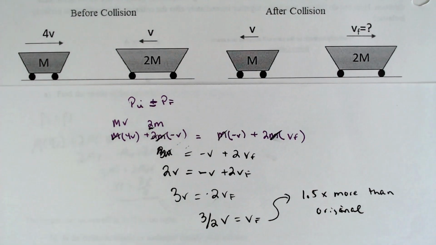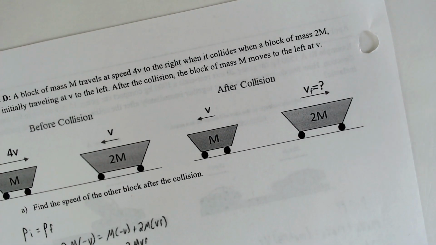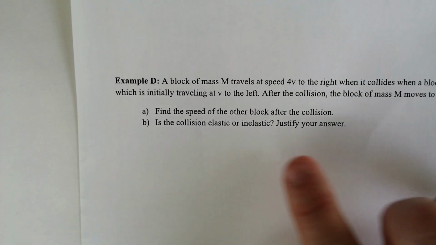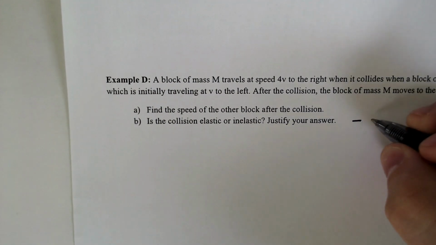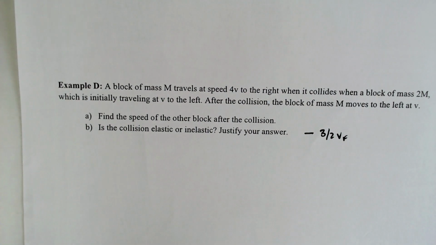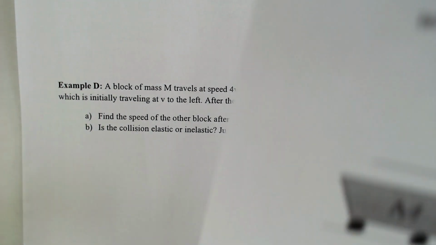All right? The next question is going to ask: is the collision elastic or inelastic? Remember that the final is 3 over 2 v. In order to do that, I'm going to show you the answer key because it'd be a little quicker.